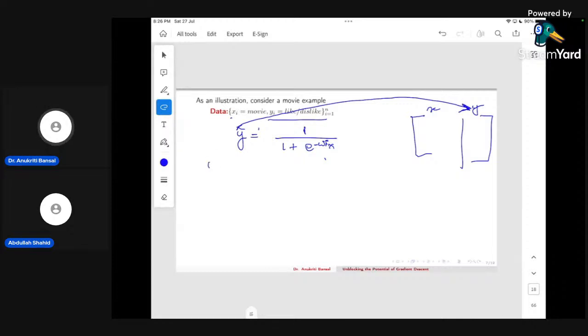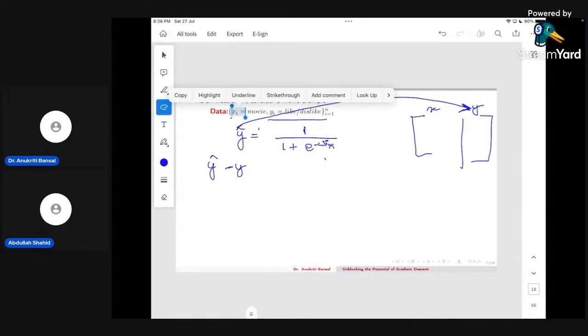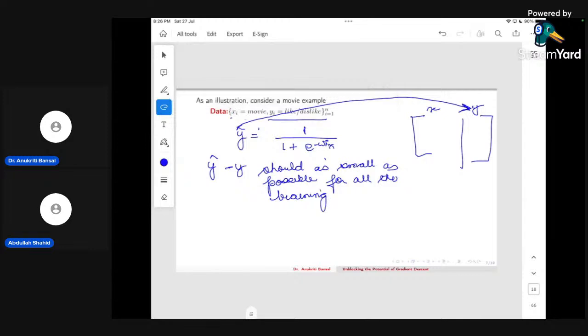Okay. So this y hat minus y should be as small as possible for all the training examples. So suppose I have n such examples and this length is m. Okay.